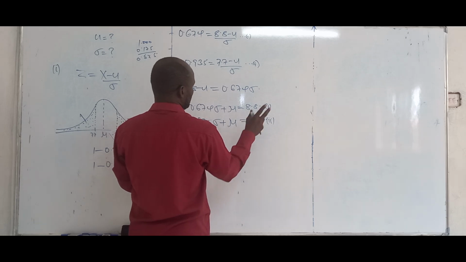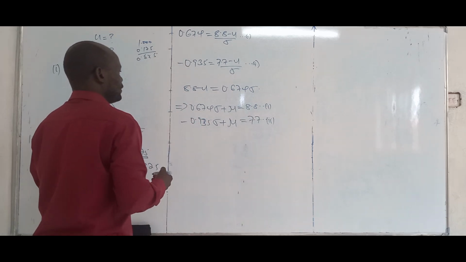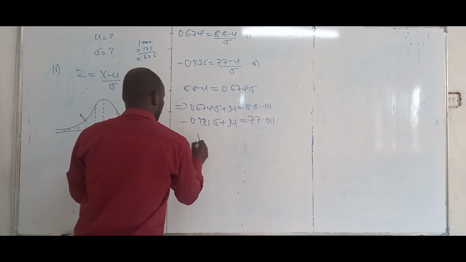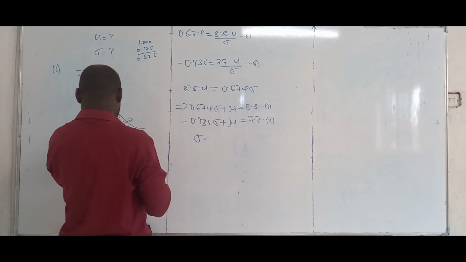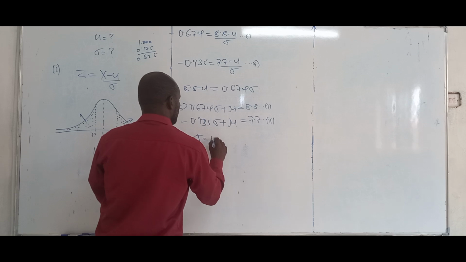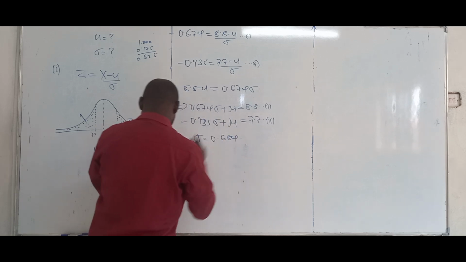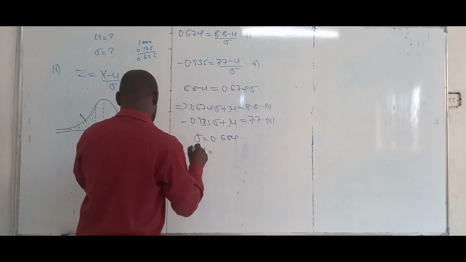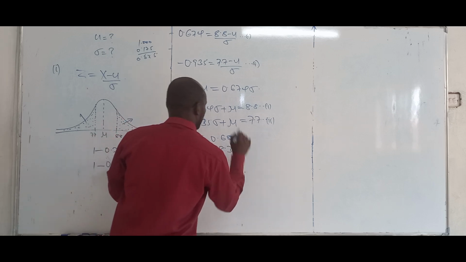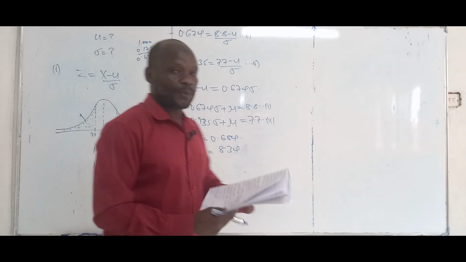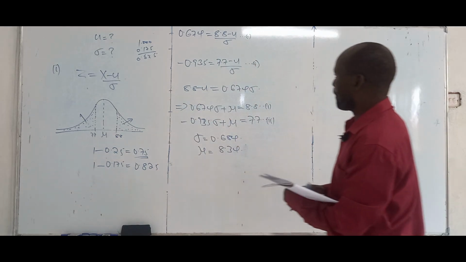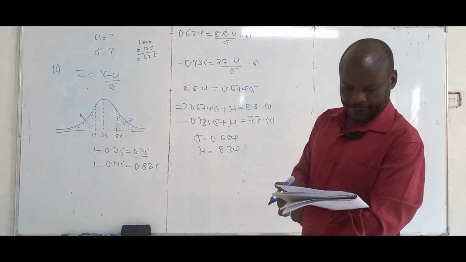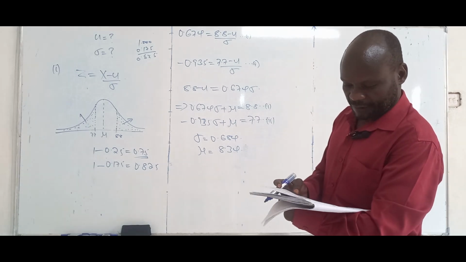That gives the standard deviation you're supposed to get as 0.684, and the mean you should get is 8.34. Now you need to confirm those values using your calculator. Those are the exact values as required. Now that's 5 marks.